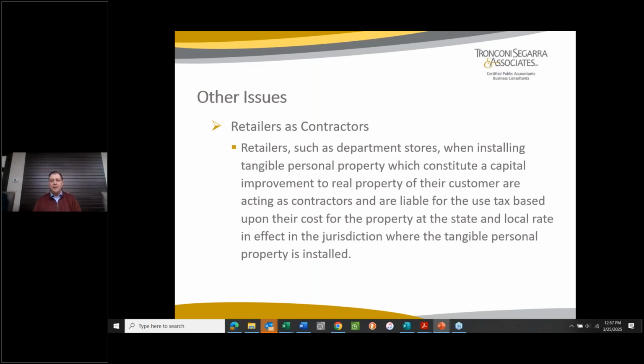We see that a lot, where if you're a fabricator, maybe you're fabricating duct work that you're going to install, you're fabricating, I don't know, steel or something, you're considered a contractor as well. So you're going to have to end up paying use tax on the value of the materials that you're installing that result in a capital improvement project there.